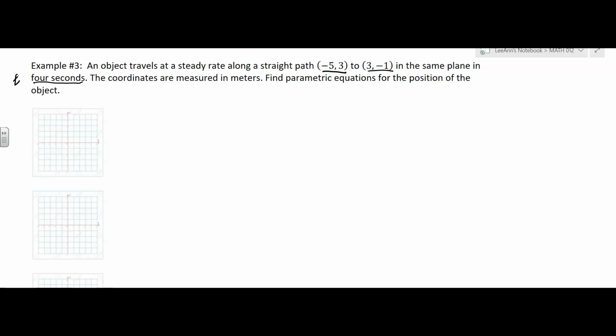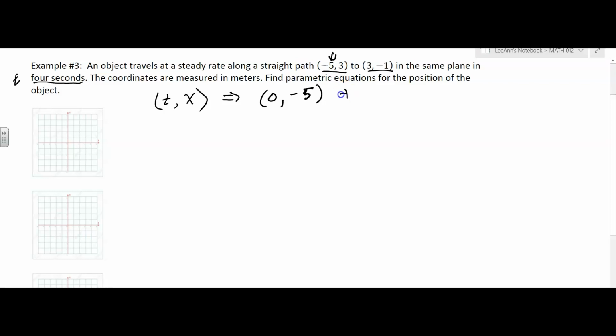So what you're going to do first is think about x and t. So at 0 seconds, it's got an x value of -5. So the object is starting at -5 for the x value, and that's at 0 seconds.